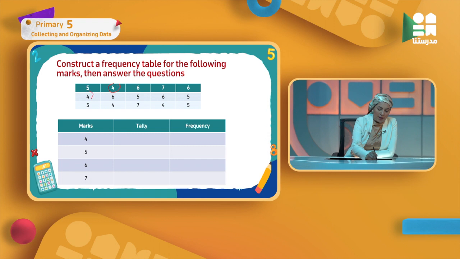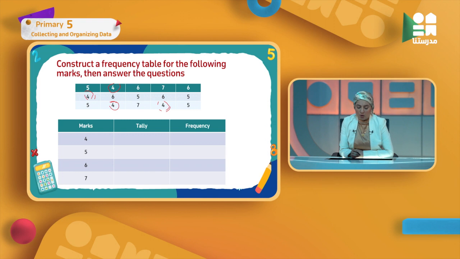The second row I have another 4, then nothing again, and in the last row I have 2 fours. How many times did the students get 4? I have this 4 times. Then I will write 4 tallies.